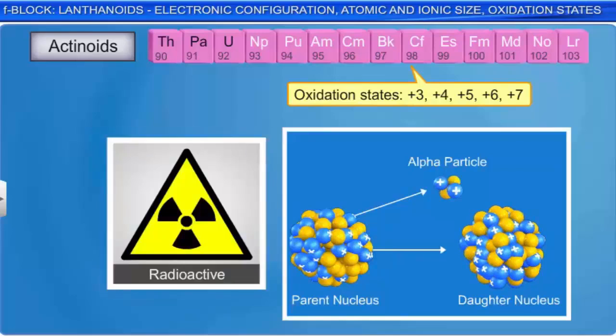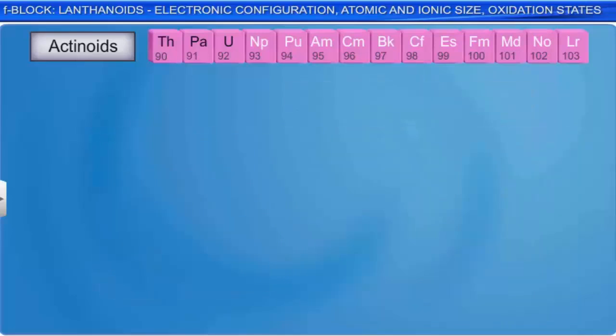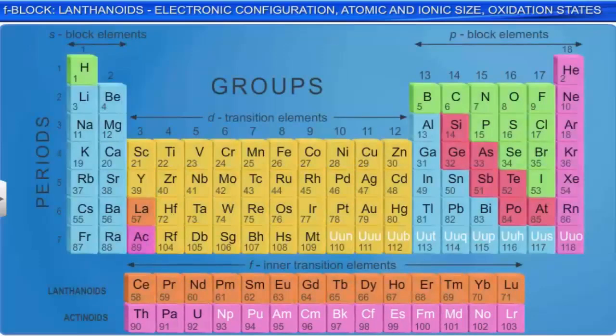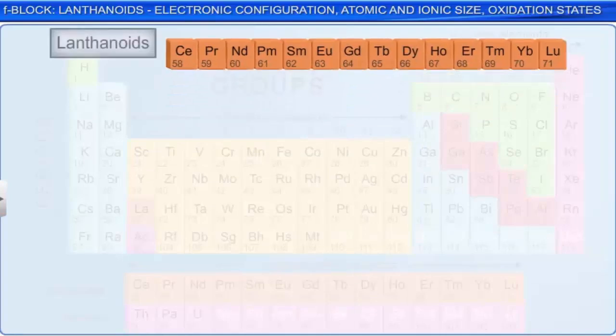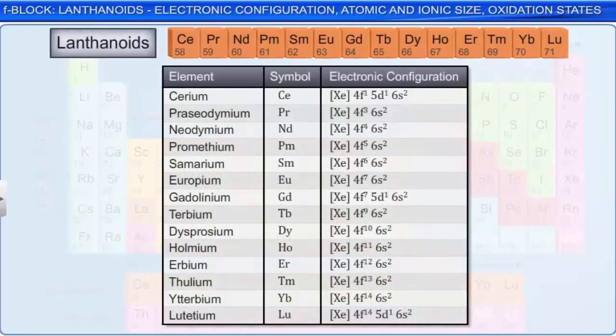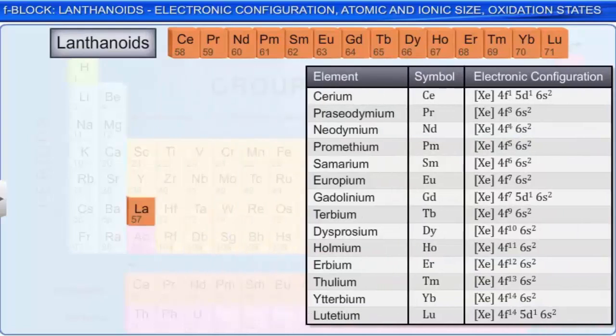Now let us first take up the lanthanoids. The electronic configuration of the lanthanoids is shown in the table. Lanthanum, the d block element preceding this series, has the electronic configuration of xenon core 5d1 6s2.